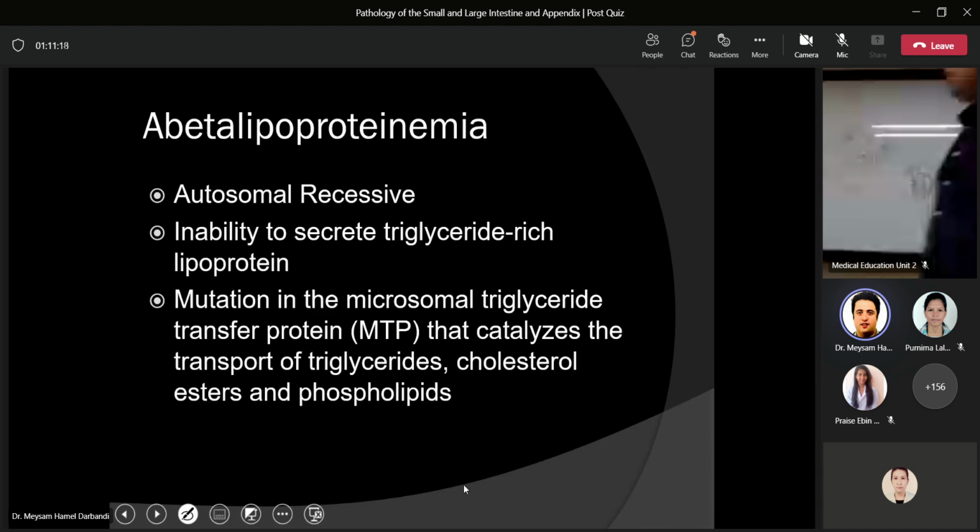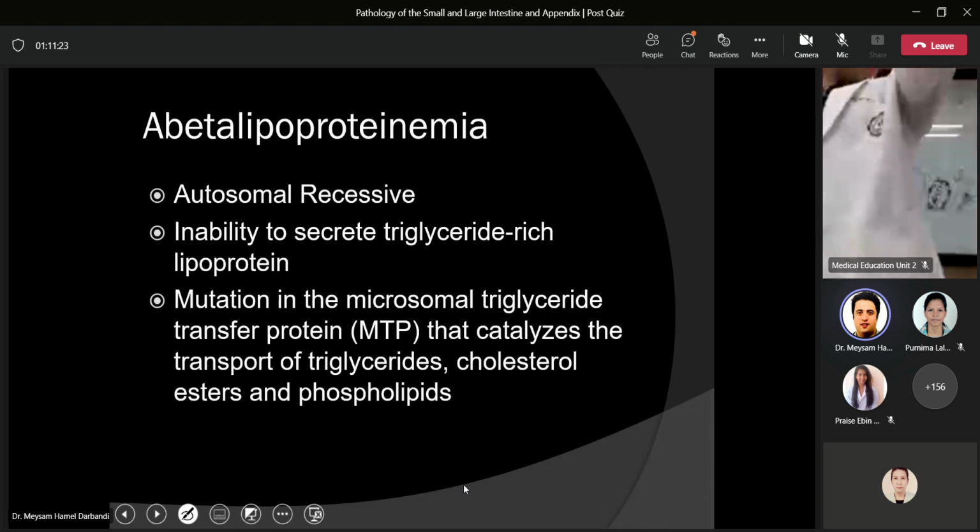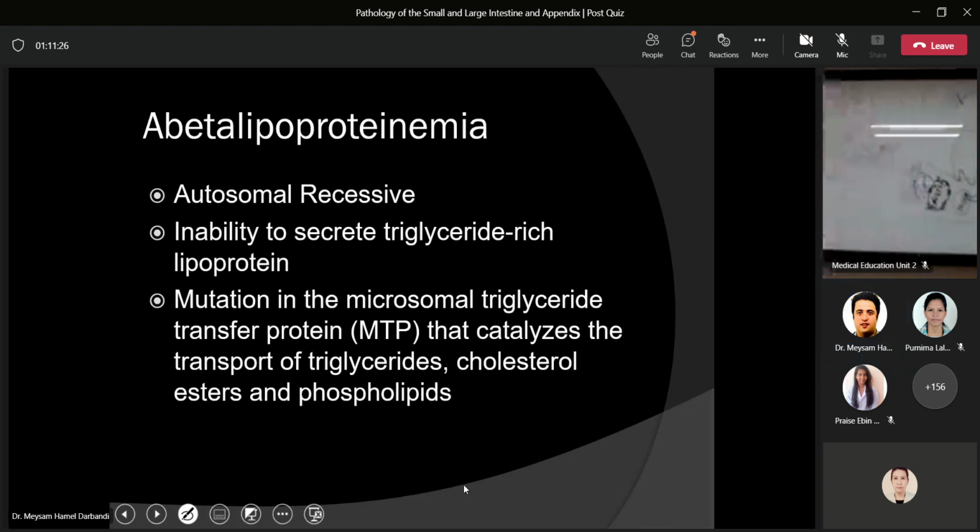Inability to secrete? No, wrong. Inability to absorb? No. It's rare, autosomal, but I am not asking if it's rare or common. From Thailand, what is abetalipoproteinemia? Anita.